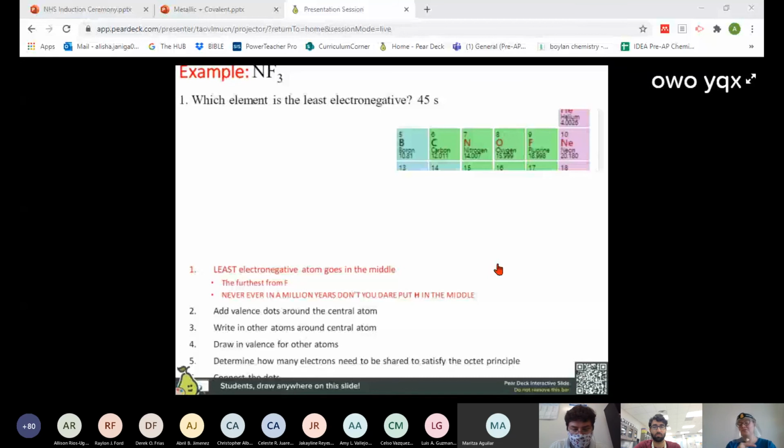So we'll look to the left of fluorine. Look at Johanna. Just going, going, going. So if we're going to compare N and F, who's further from F? Hint, hint, F probably isn't going to be in the middle. I don't know why we're circling B. We're talking about N for nitrogen.